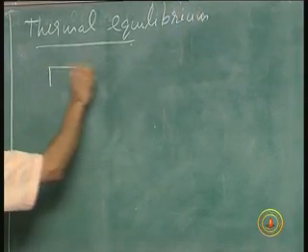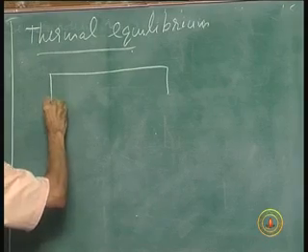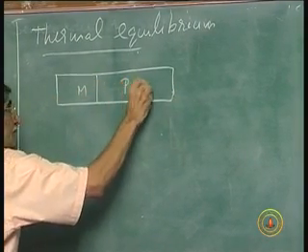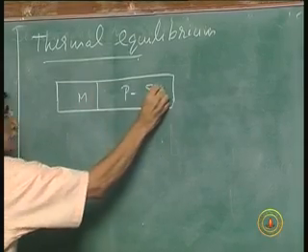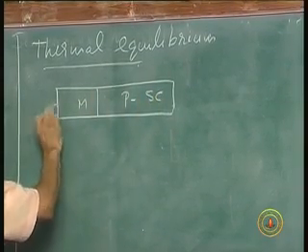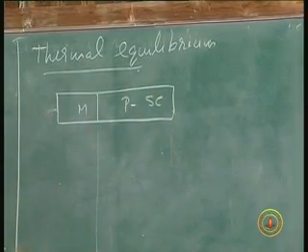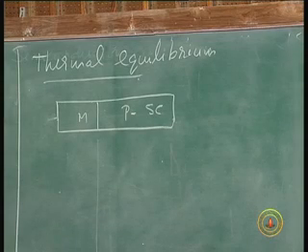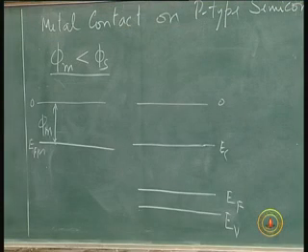So, you have these two situations, metal and p type semiconductor. Nothing is going to happen here, because no potential changes will take place in the metal.